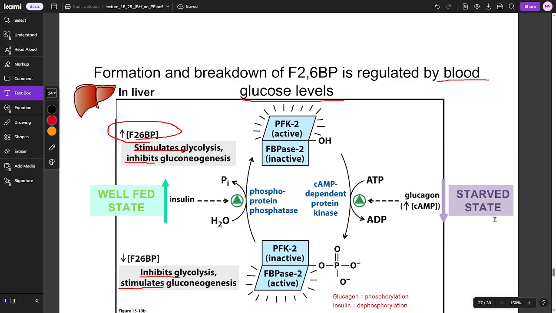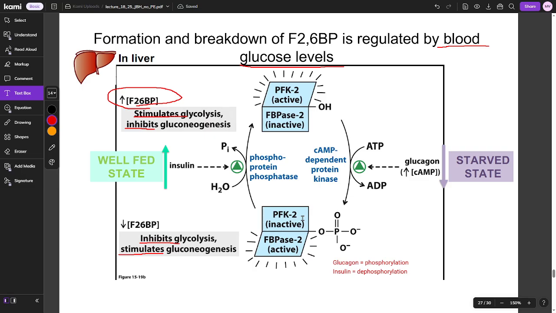So for example, I know that glucagon is released when energy stores are low. And if glucagon is released when energy stores are low, that means we're going to want to make more glucose in the liver. So let's think about how that works. If we have glucagon, that means we're in a starved state.